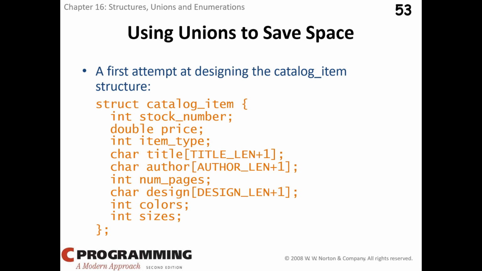We have the title, author, and pages for books, design for mugs, and colors and sizes for shirts. While this approach seems comprehensive, it has drawbacks. Each instance of catalog_item reserves memory for all its fields, regardless of the item type. As a result, memory may be wasted for attributes that aren't applicable to certain items.